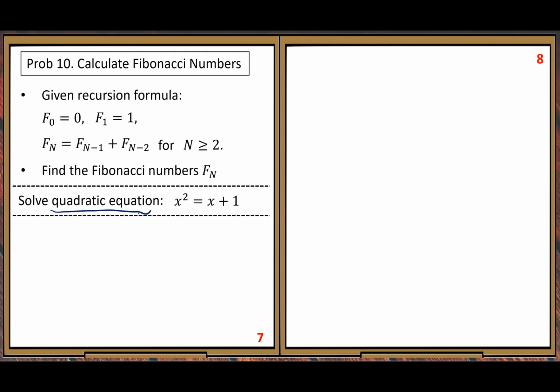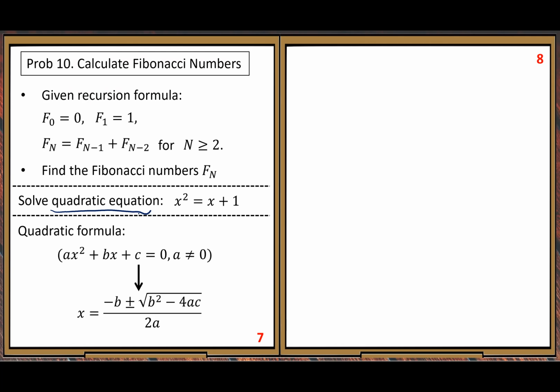There is a quadratic formula, right? For the general case, ax squared plus bx plus c, and to make sure it is a quadratic equation, we assume a is not equal to 0. Otherwise, it's a linear equation.